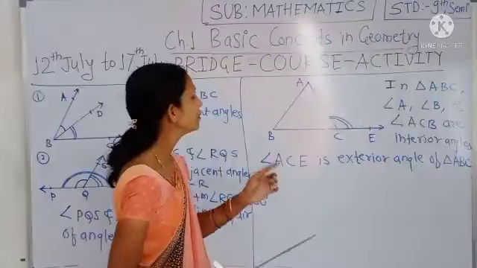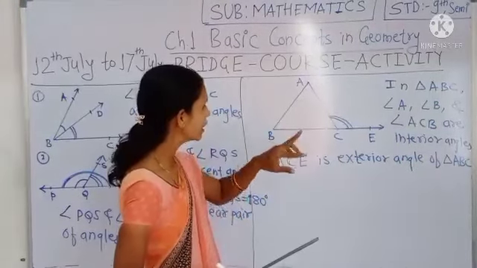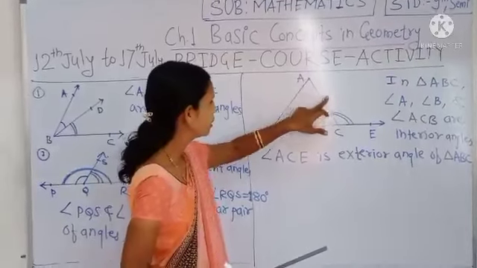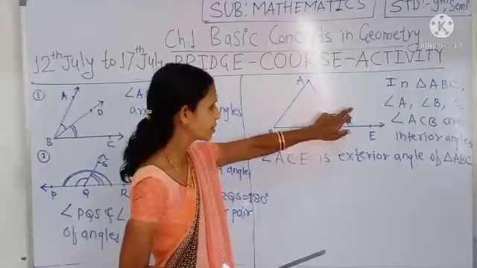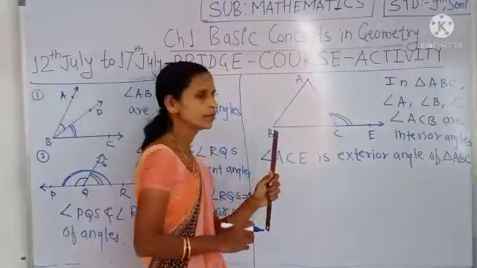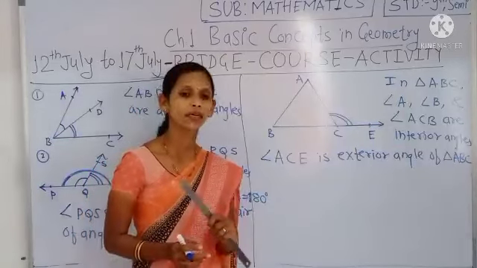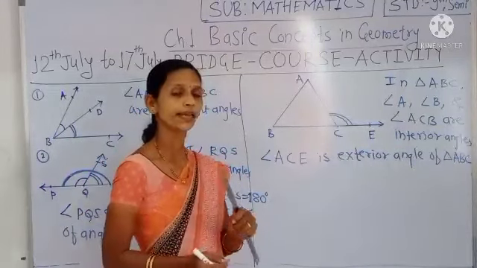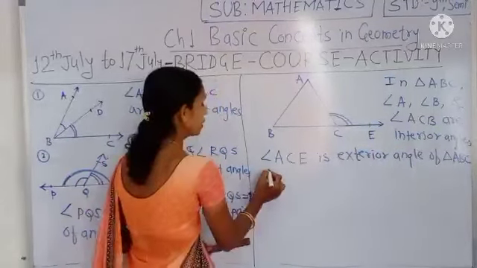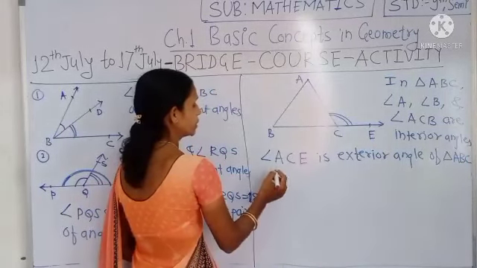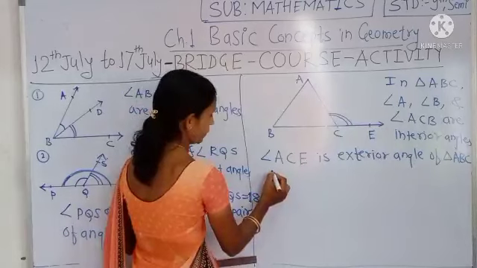Then there is a relationship between the angles of a triangle and the exterior angle. That property is the exterior angle theorem, also known as the remote interior angle of triangle theorem.